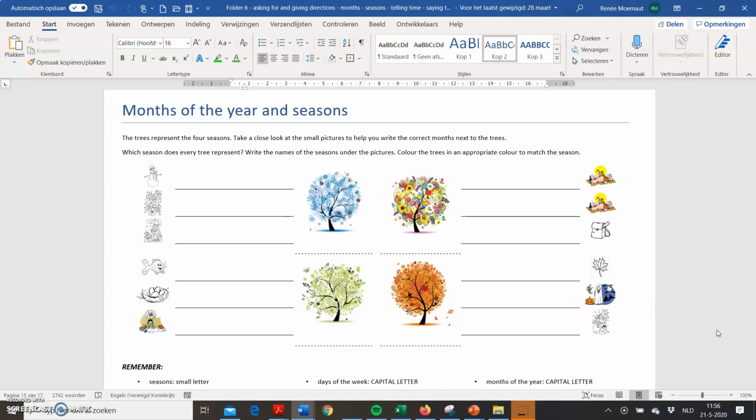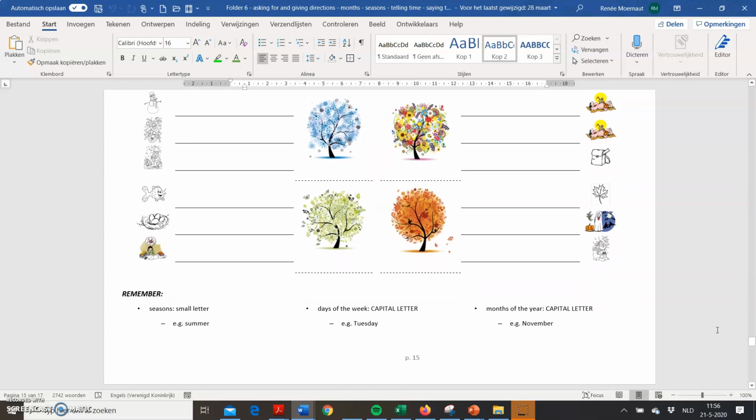So you will need the same handout as you used all those weeks ago. That's the handout for the 6, asking for and giving directions, month, season, telling the time, and so on. You will find this handout on SmartScore, in the folder of week 9, and we start at page 15.